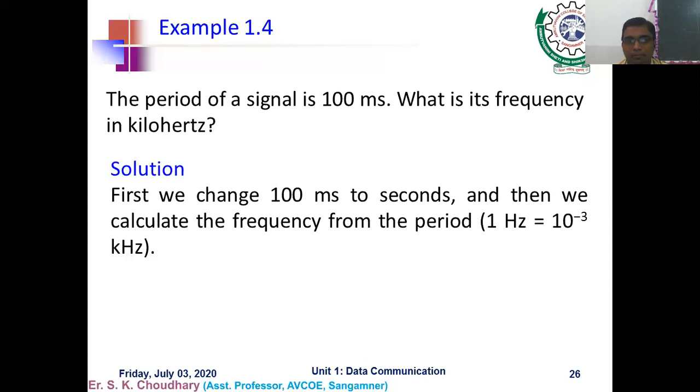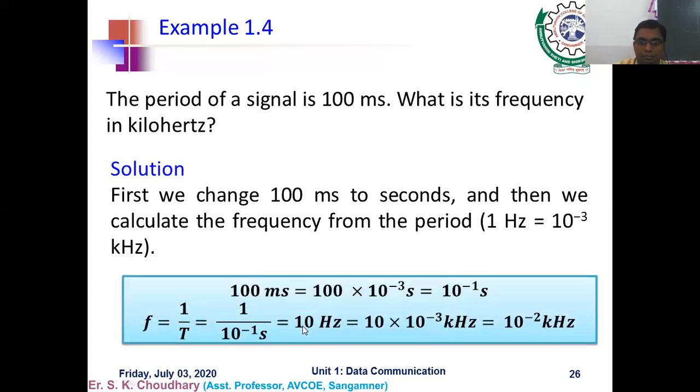How much will it be? 0.01 kilohertz. Correct. So 10 to the power minus 2 kilohertz, or you can say 1 upon 100 kilohertz, means 0.01 kilohertz.